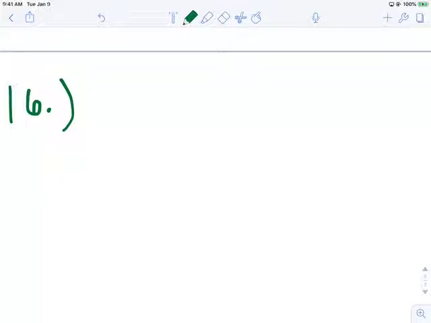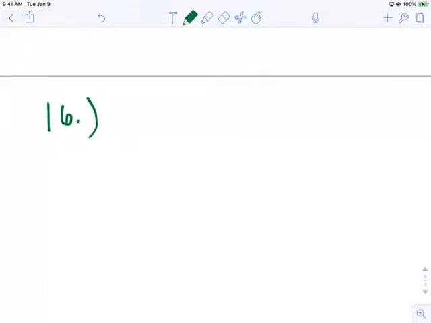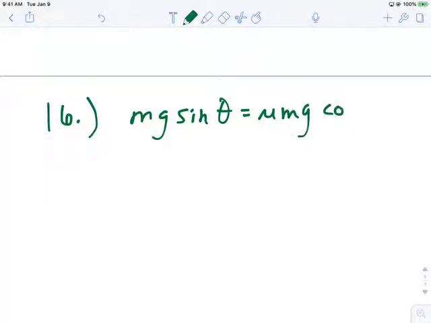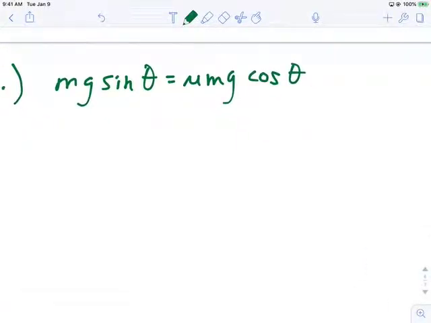I think it's similar to the one we just did, right? So what does it say? Use the equation mg sine of theta equals mu mg cosine theta to determine the slope of a street on which a car with rubber tires can park without sliding. The coefficient of friction is mu equals 0.9.